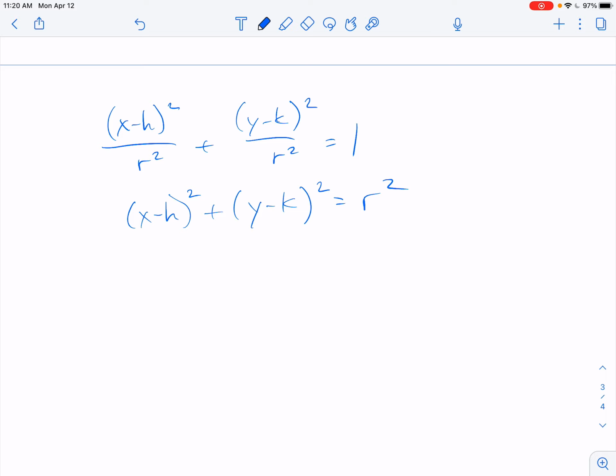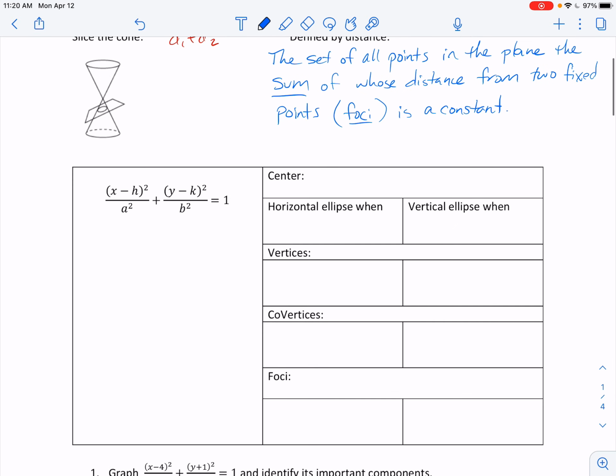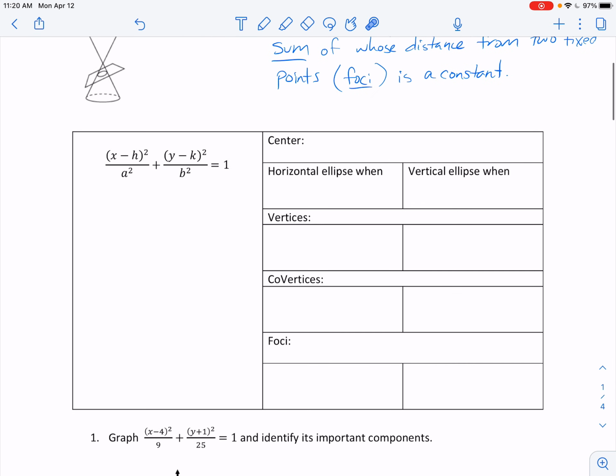What's happening here is very similar to that, but we could have a different value in the x direction and a different value in the y direction. Just like in a circle, the center is (h, k). It's a horizontal ellipse, which means it's wider than it is tall, when a is greater than b.